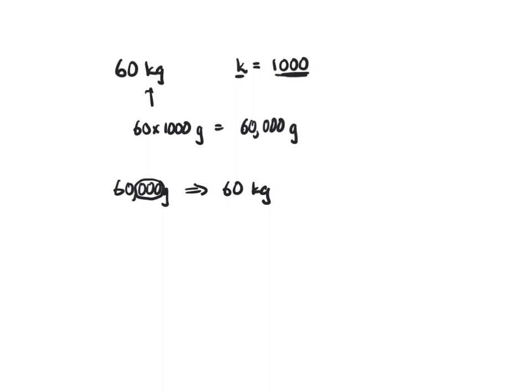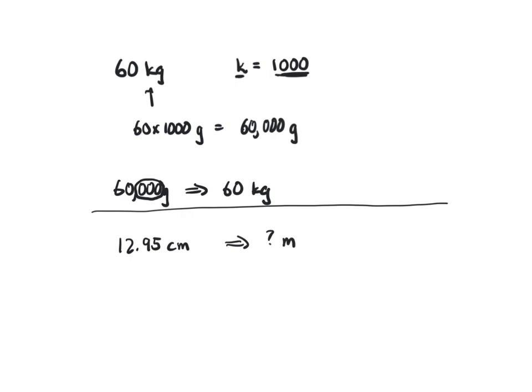But let's look at a slightly more difficult problem, where we have measured the length of a pencil, and we've found that it is 12.95 centimeters. And I want to know how many meters that is.